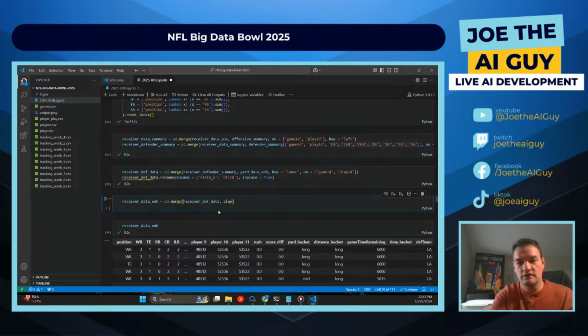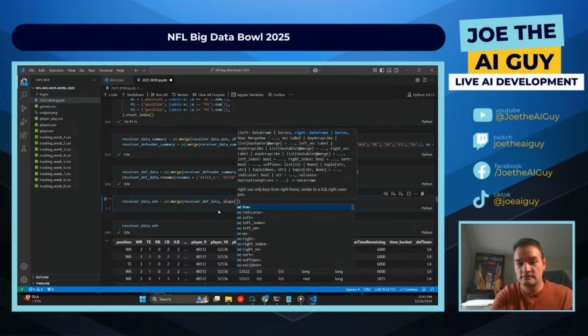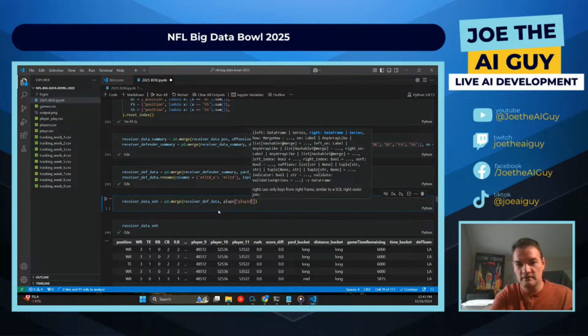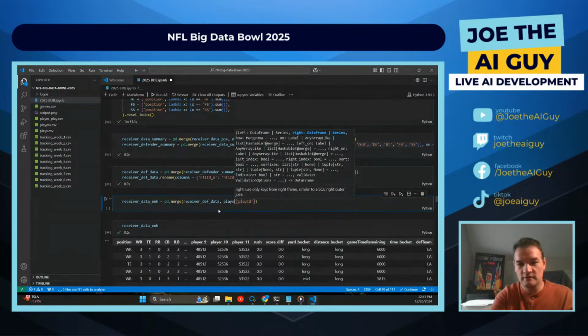But we're also going to merge in plays, game ID and play ID.